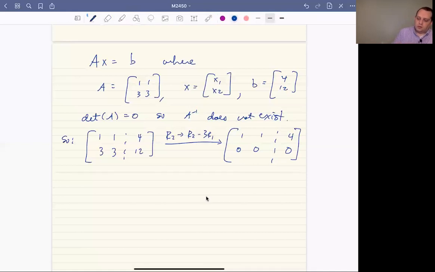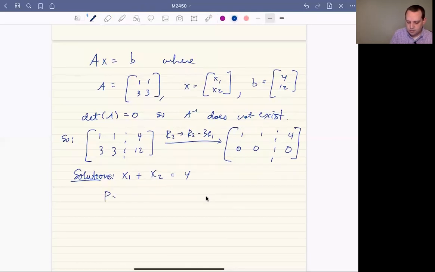So our solution set is going to be all the pairs of numbers x1 and x2 satisfying x1 plus x2 is equal to 4. And if you'd like, you can parameterize the solution. What I mean by that is write your solution in terms of a common parameter, say t.